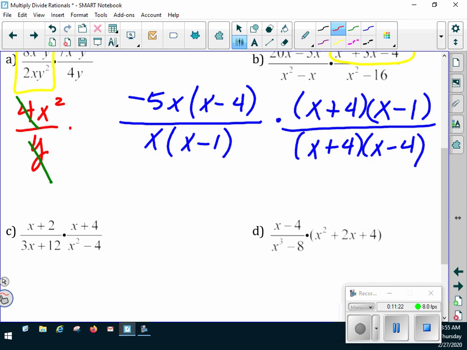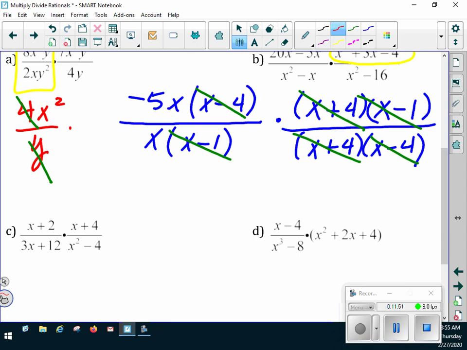Okay, what about the negative 5x over x? No. There you go. Are you okay that x plus 4 factors out? You see anything else that factors out? X minus 4 factors out. X minus 1 factors out.